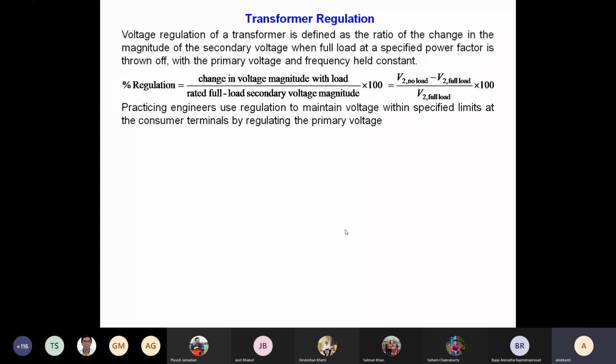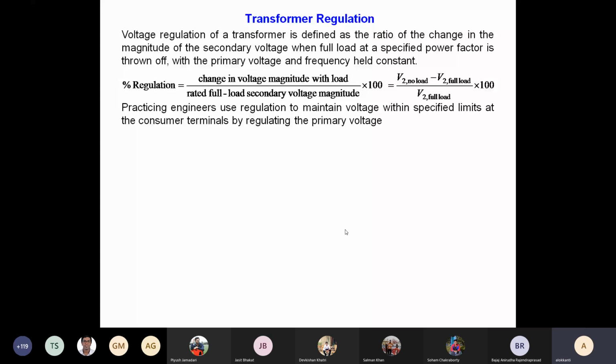These engineers basically have to maintain a certain voltage. We all want a certain voltage at our home. Below a certain voltage, the electrical appliances will not run, or it may even result in malfunction of the appliances. So the practicing engineers use regulation to maintain the voltage within specific limits at the consumer terminals by regulating the primary voltage.